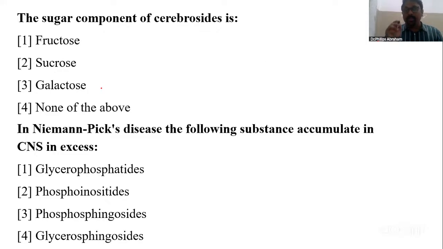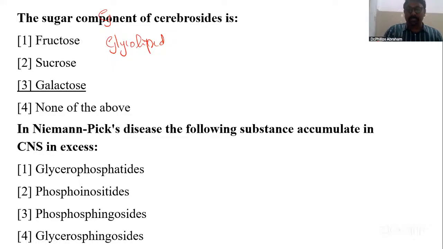Okay. Now, next, a small compound and some disorders. As I said, in compound lipids, if it is attached to carbohydrate, it is called glycolipid. One type of glycolipid is cerebroside.